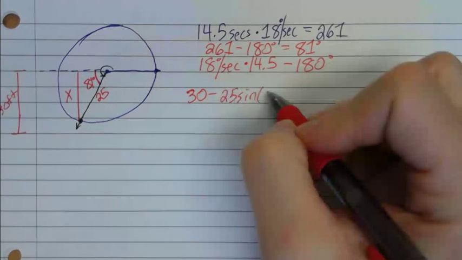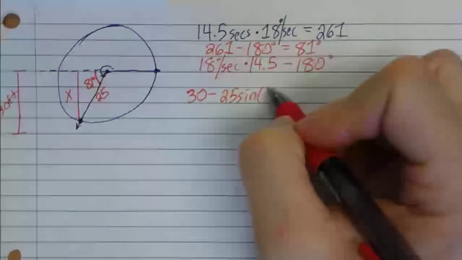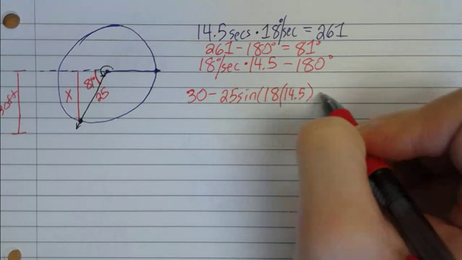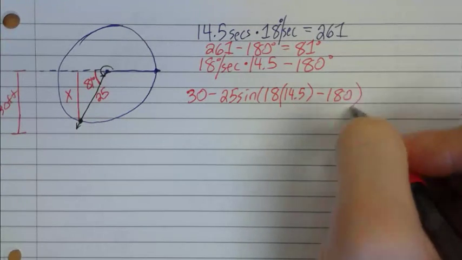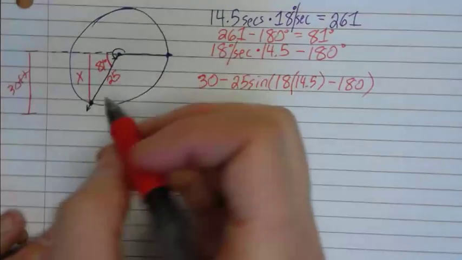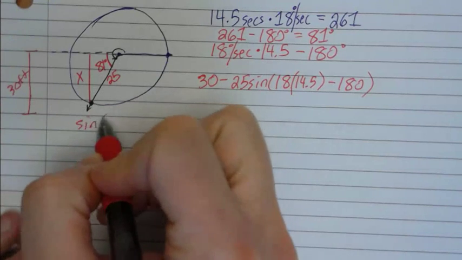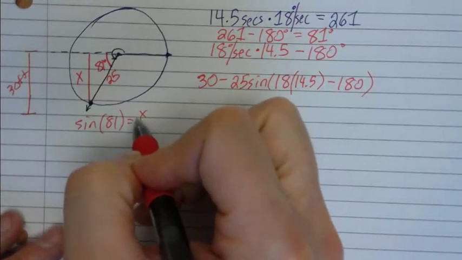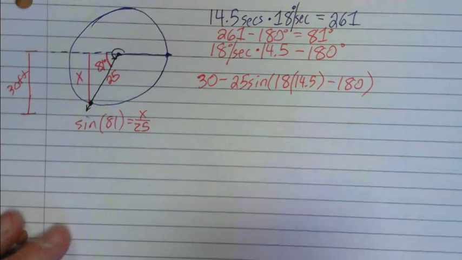But now we have 18 times 14 and a half minus 180 gives us the 81 degrees we'd use over here. And remember, sine of 81 is equal to x over 25.